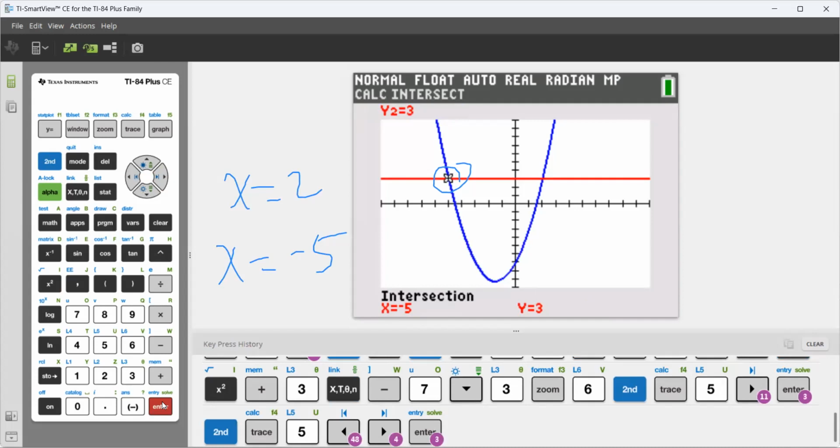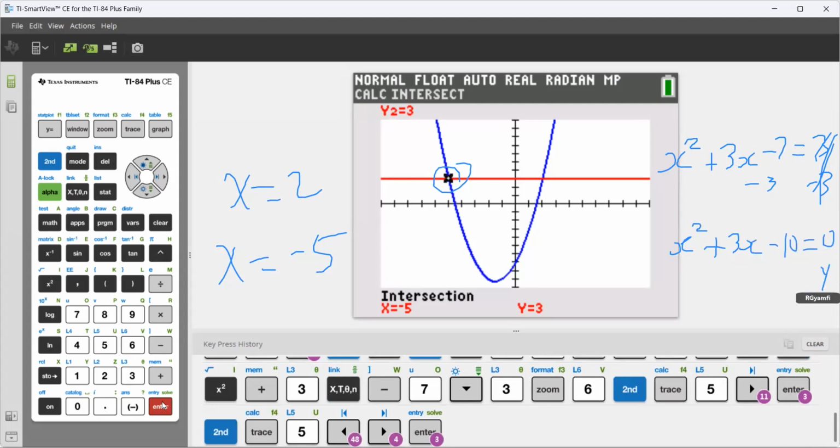Now, what about those of you who would like to use y2 equal to 0? Remember the equation was x squared plus 3x minus 7 equals 3. So if you subtract 3, this side goes to 0, and then you have x squared plus 3x minus 10 equals 0.